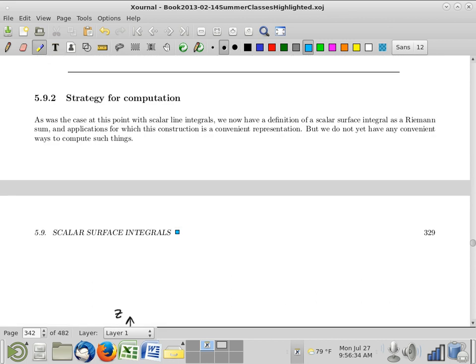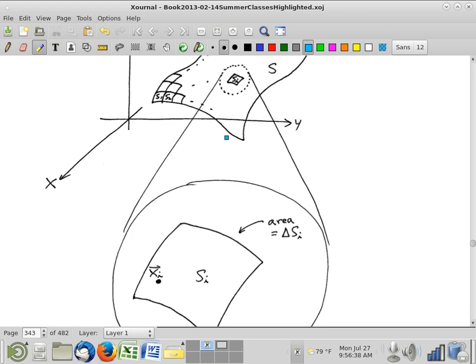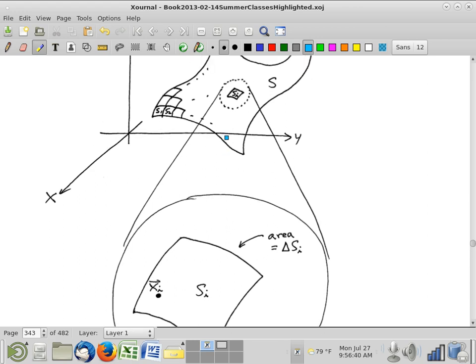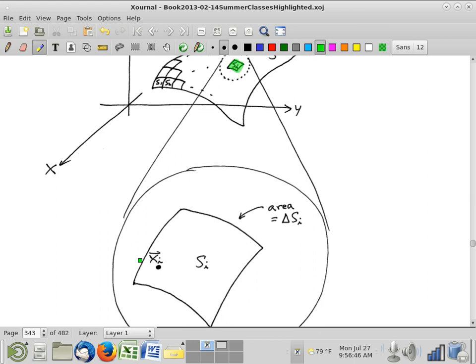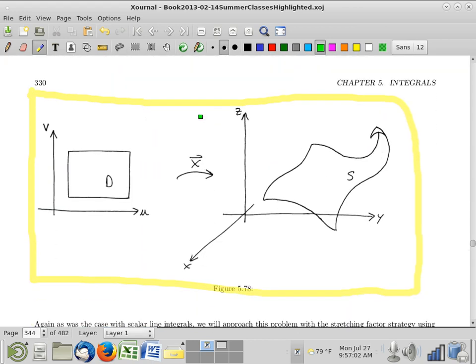Right, so let's worry about that computation. And keep in mind we're going to be looking at one little piece of area at a time. That piece of area that we're interested in is something like this, and I need to know the area of that. How are we going to get our hands on that? Well, no surprise.